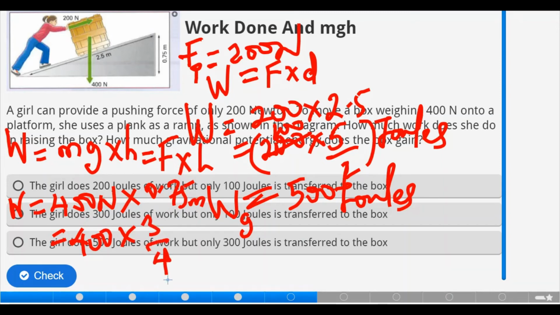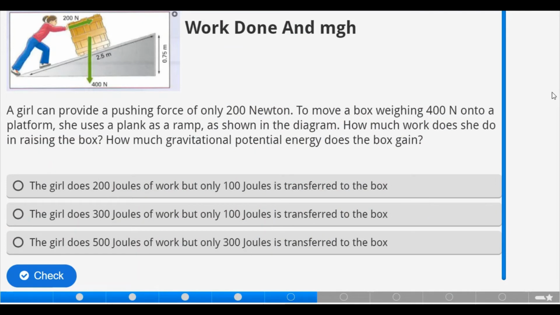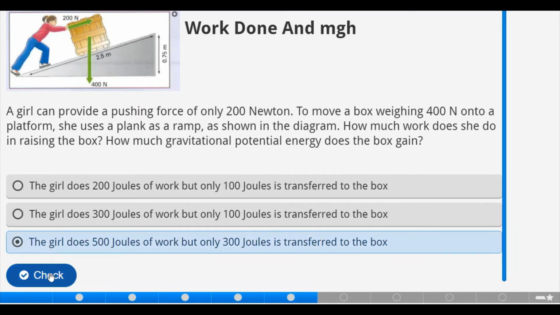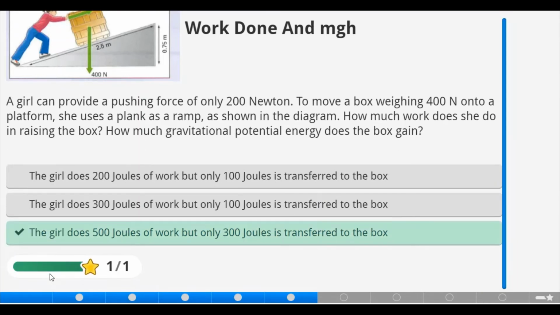That will be 3 over 4, all in joules. And that gives me 300 joules. So with this, the girl does 500 joules of work, but only 300 joules is transferred to the box. So let's pick it and see that is correct.